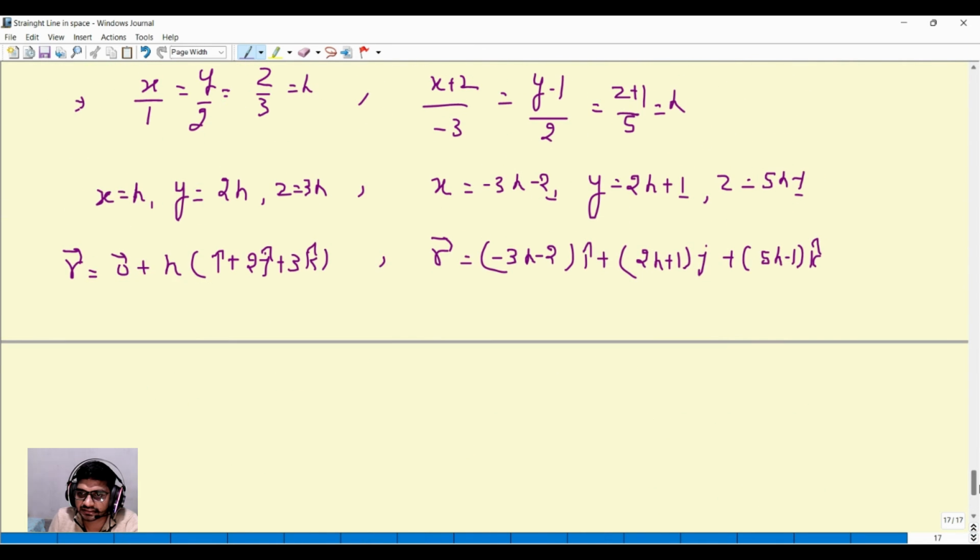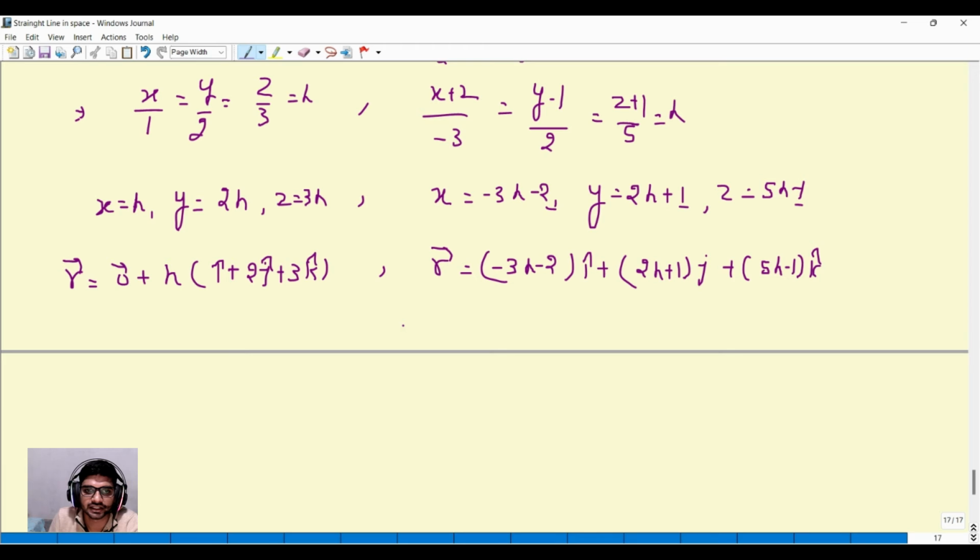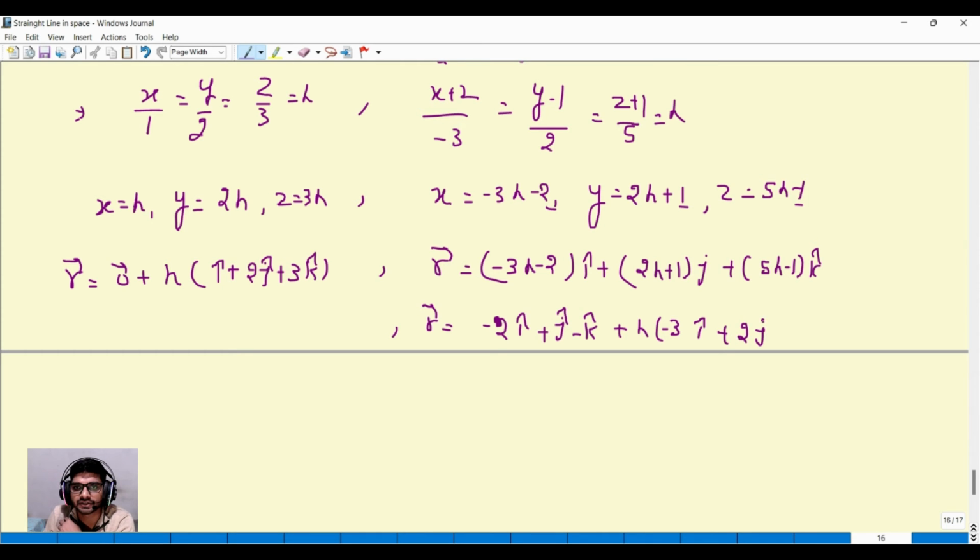So r is given by minus 2i plus j minus k plus lambda times 3i plus 2j plus 5k. Okay, now this is our b1 and this is our b2.